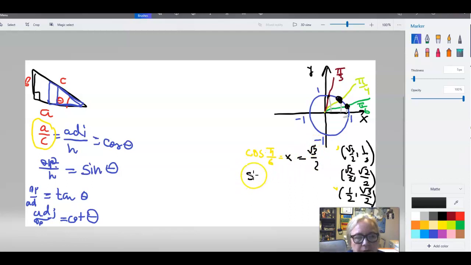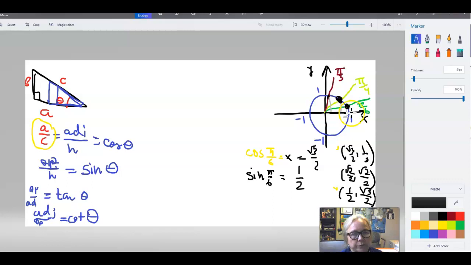And sine of pi over 6, look, it's the opposite leg, right? Opposite over hypotenuse. Opposite is the shorter leg for this angle, which is 1/2. And so on. You can apply this idea to all three angles.